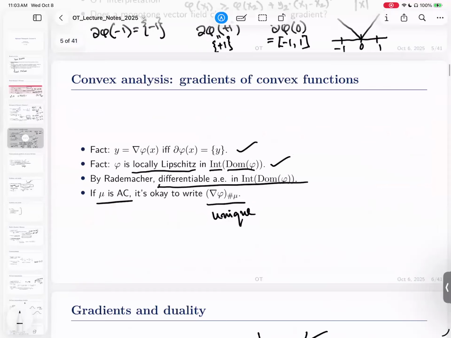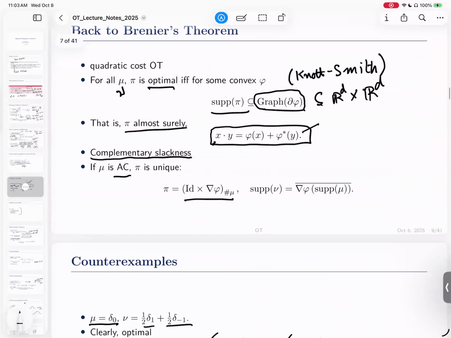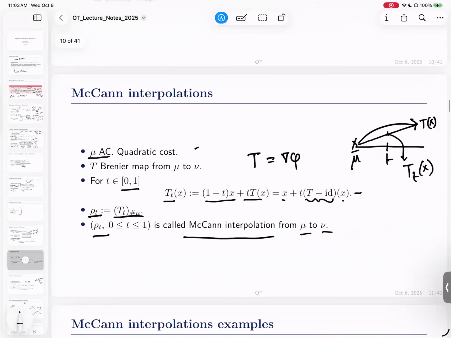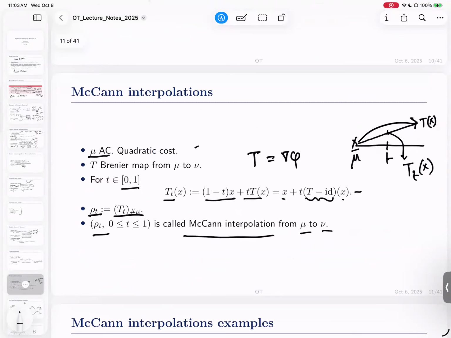The gradient part is not so important. It's really a subdifferential that we're talking about. The important thing is that once we have Brenier's theorem, we can talk not just about a terminal transport, but an entire curve of probability measures, which are all the intermediate points.